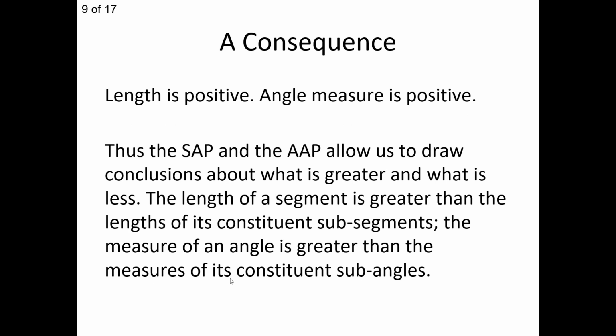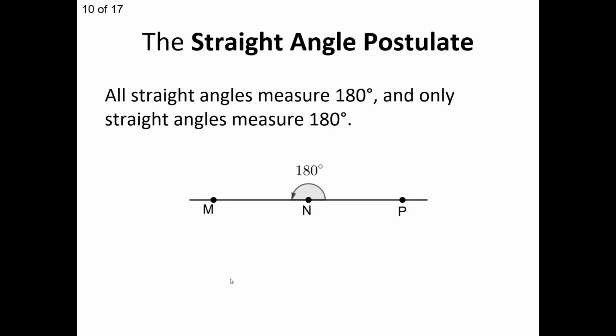Since we know both subparts are positive, that means additional positive value was added in to equal a larger positive value. And so it's easy to say that the whole is always greater than the part. Let me say that again. The whole, as in the whole segment or the whole angle, is always greater than the part, as in the subangles or the subsegments that are constructed.